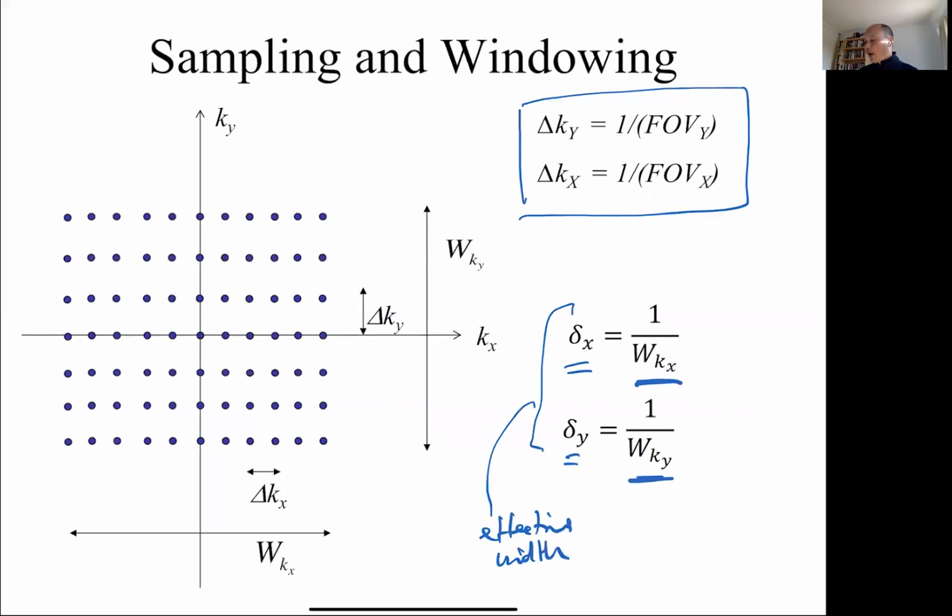So, for example, if I'm given the delta x, then I can easily figure out that delta kx equals 1 over delta x. So for any problems you have, you're going to go by these equations, which are the governing equations for the sampling in MR.